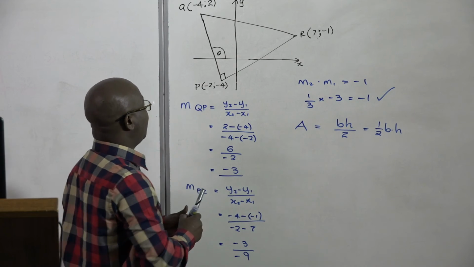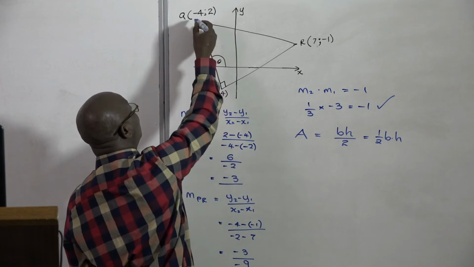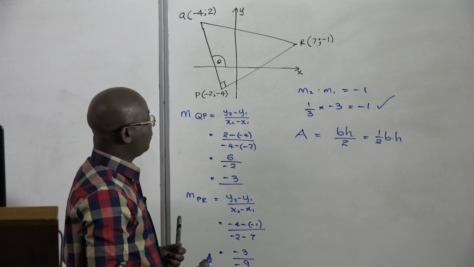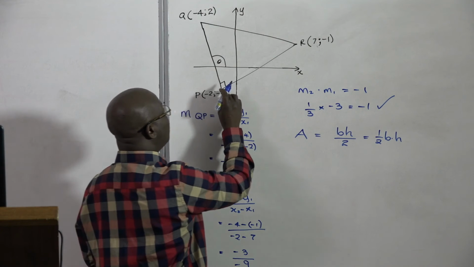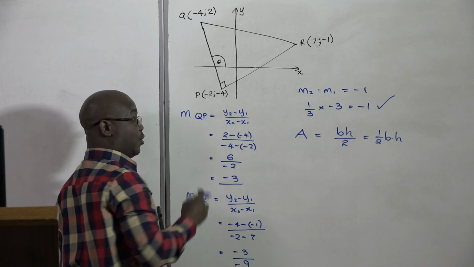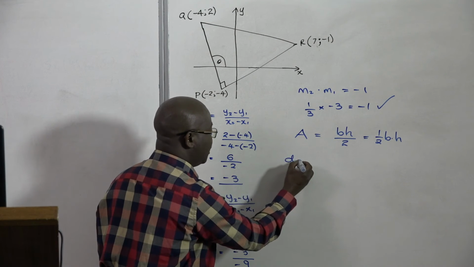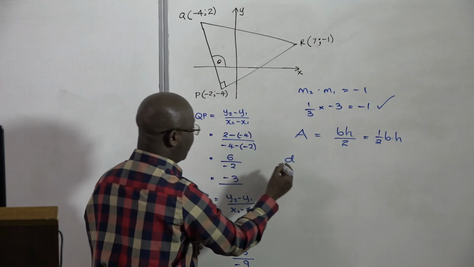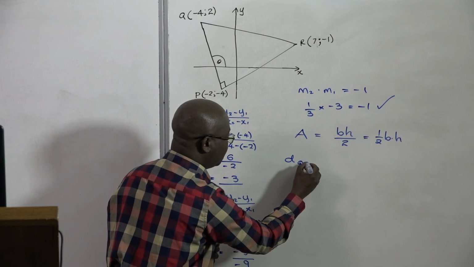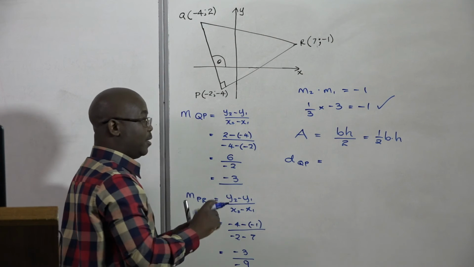So I will take PR to be the base and PQ to be the height. But we don't know how long PR is, and we don't know how long PQ is. So we need to find the distance, D, of the line QP. And then we also have to find the distance of PR.